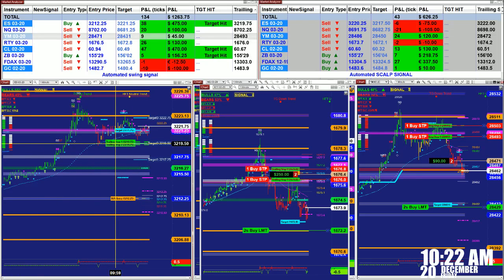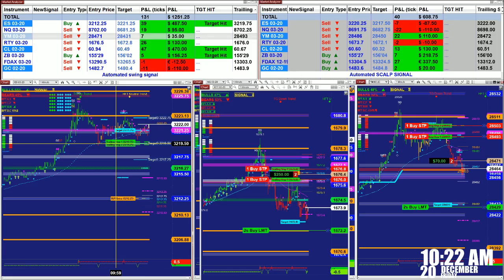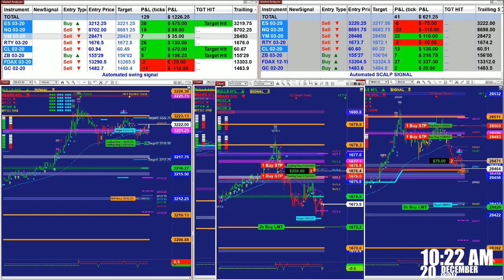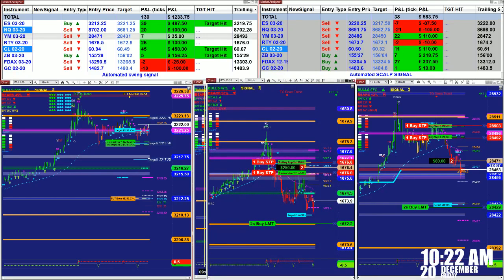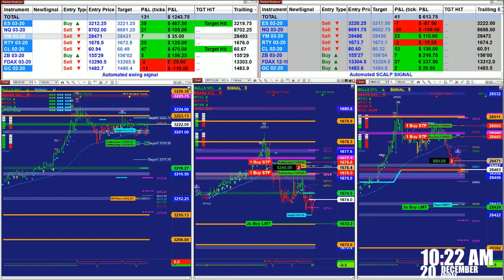So right now, the magic number in the futures market is 32.1950. If the ES is not going to break it, it's going to drive the volatility all the way to 12 o'clock, and if you're not aware of it, this is really a problem.